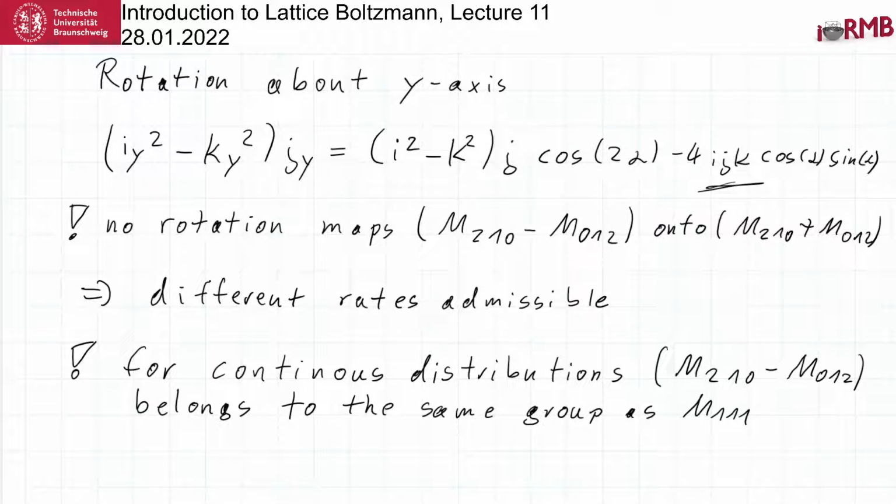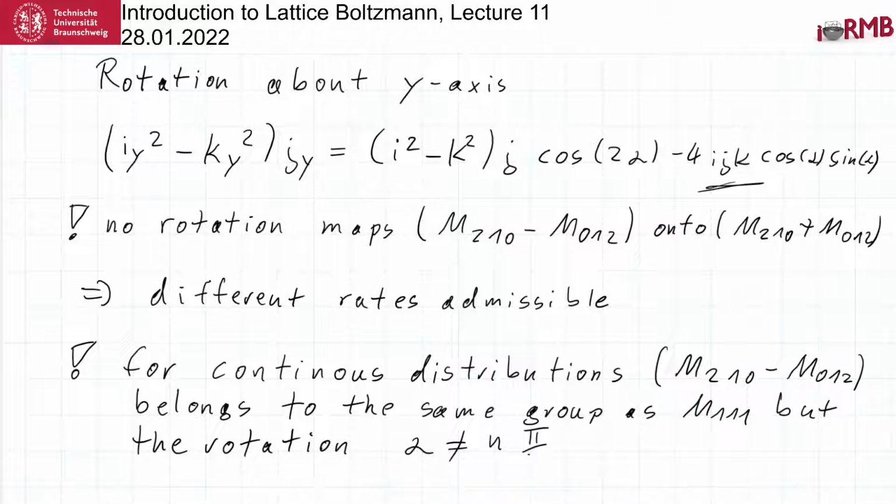But this is not the case on the lattice, because the rotation alpha would not be equal to n pi half, where n is an integer.